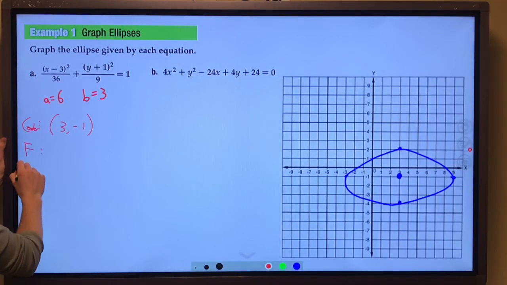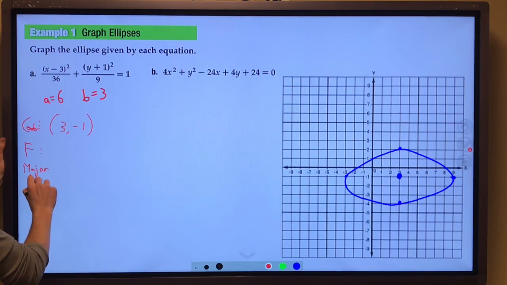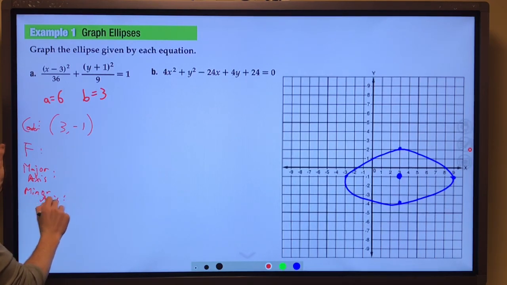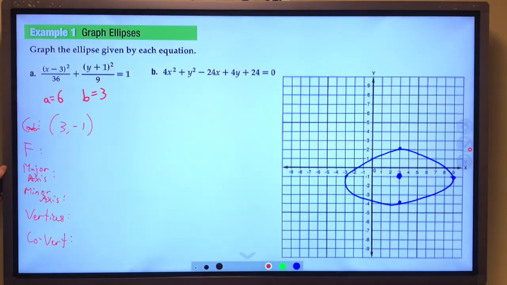We can find our major axis. We can find our minor axis. We can find our vertices. And we can find our co-vertices. I don't think I left out anything.